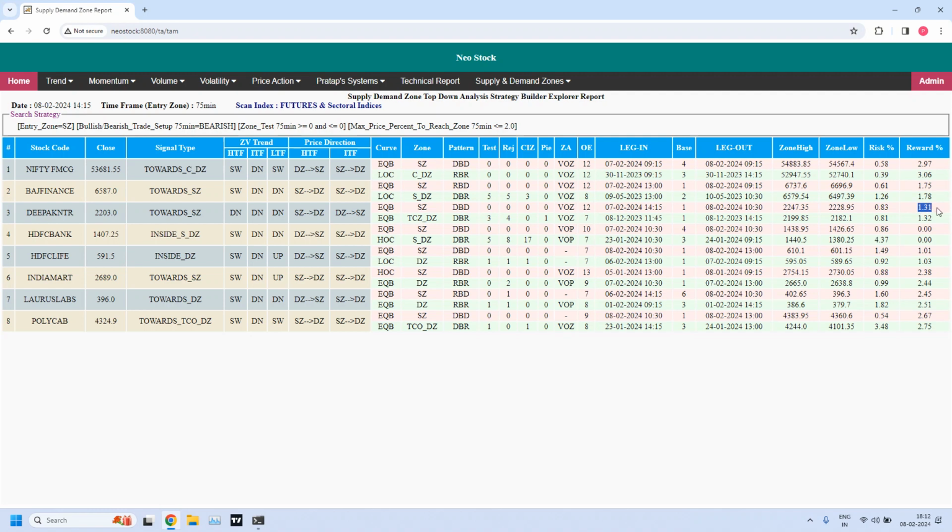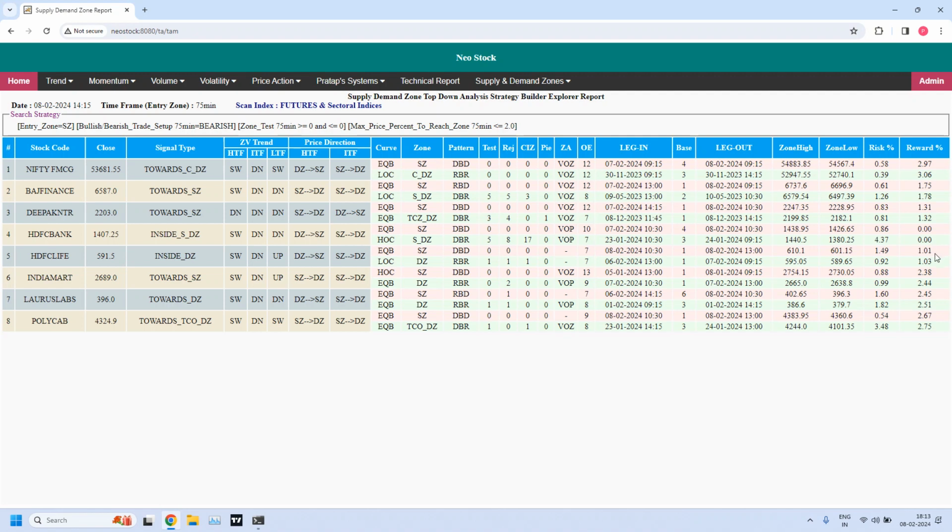This 1.3 is very low reward. 0 reward means for this stock demand and supply zones are overlapped. That's why 0 reward. Check how you can fine tune. Here more risk is there. If you fine tune at least 0.5%, 0.6% level, probably you will get 2.5% reward.